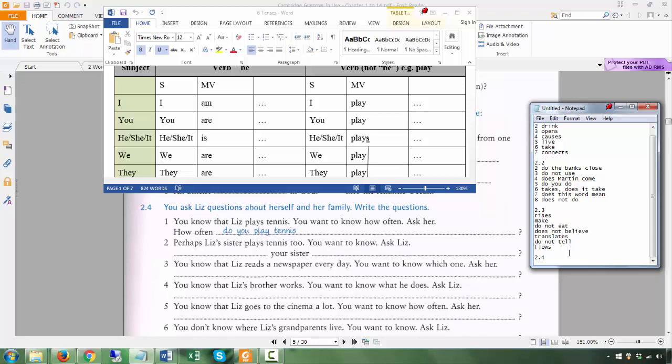I'm not sure if that's even Singlish, or it could sometimes be said even though it's proper English. I think people do ask questions like that, but very often in Singlish also we don't use the correct way of forming the question, but you need to use it correctly. So do you play tennis, not you play tennis, right?